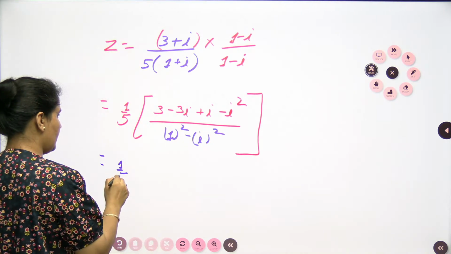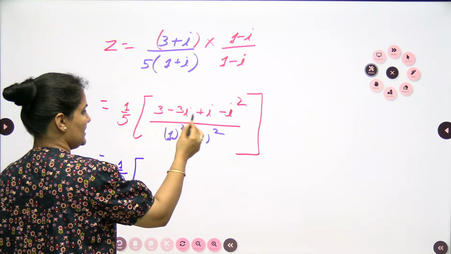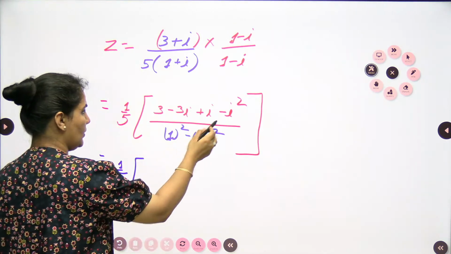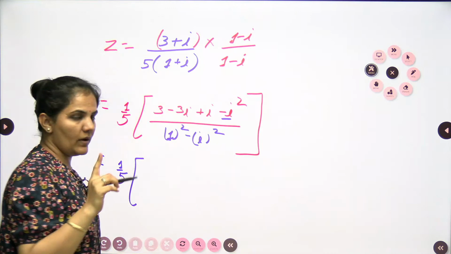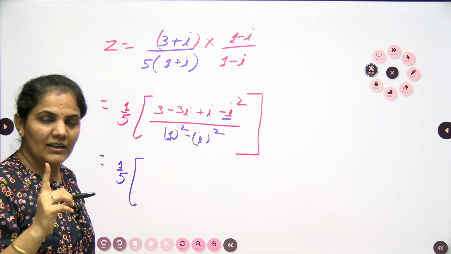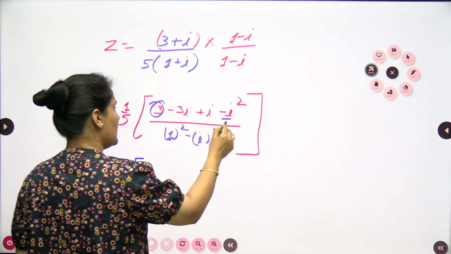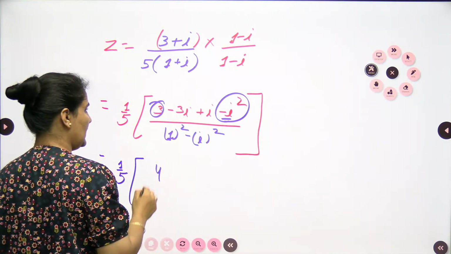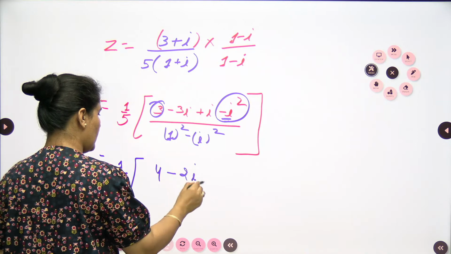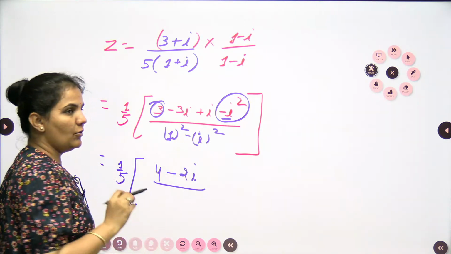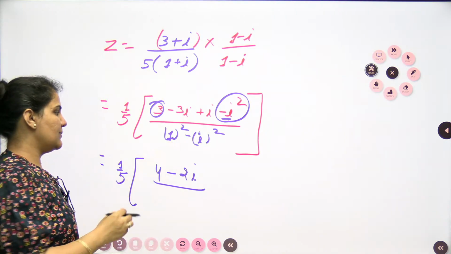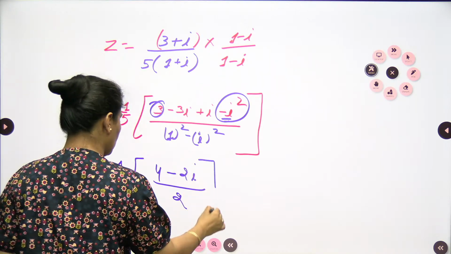So I can see 1/5 is there. 3 - 3i + i is 3 - 2i. Minus i squared is minus of minus 1, which is plus 1. So I am having 3 + 1, 4. So I can write 4 - 2i divided by, i squared is minus 1, so minus minus is plus 1, so divided by 2.